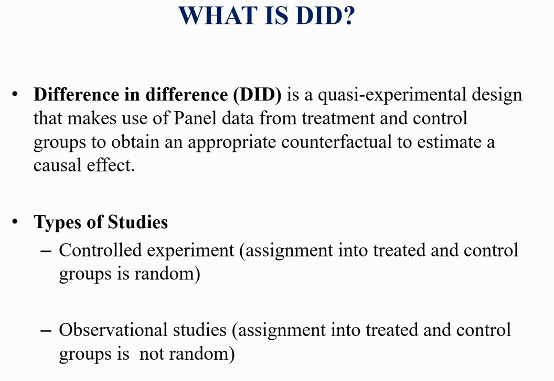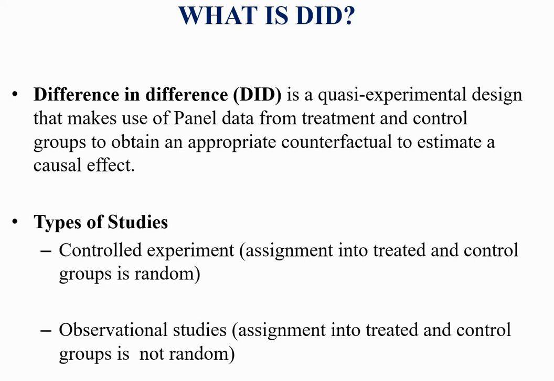So for this experiment, we could see that practically we cannot do any randomization because we know our target group, that is the physically challenged staff. So we can use DID in this situation to test the impact of the training program on the performance of the staff, and then use the other staff that are not physically challenged as a control group, and then compare it to the treatment group, that is the physically challenged staff.